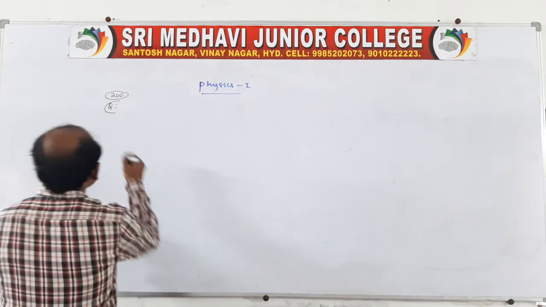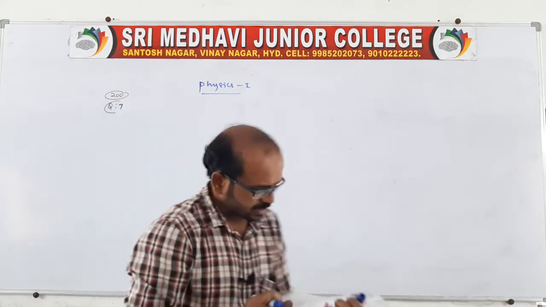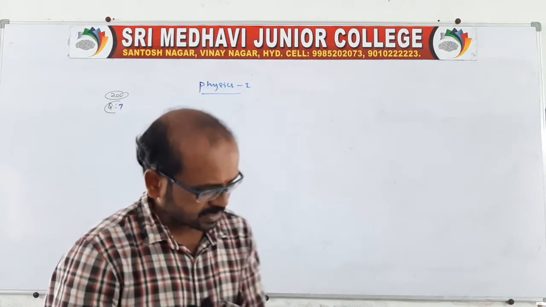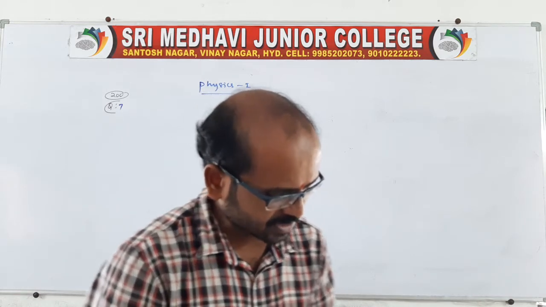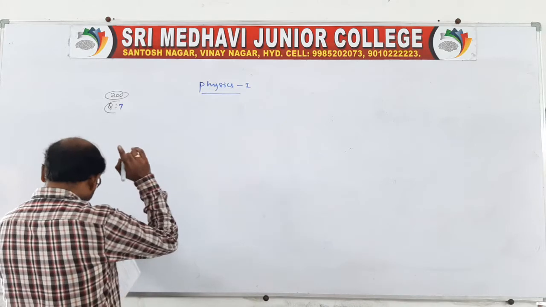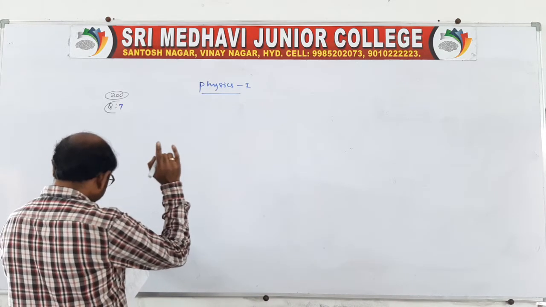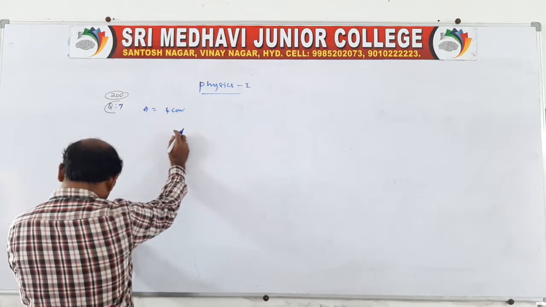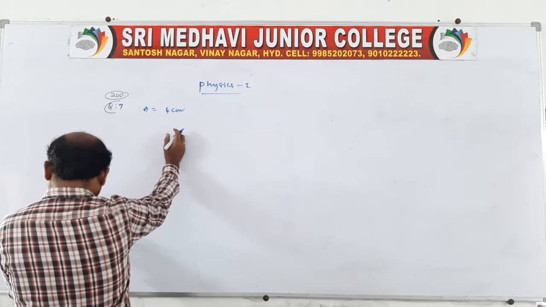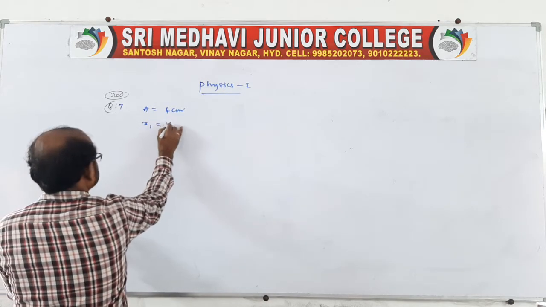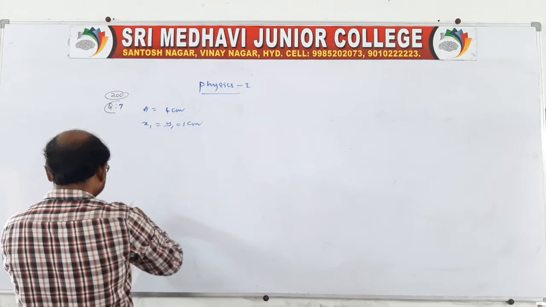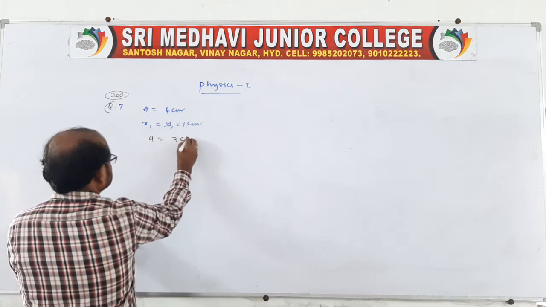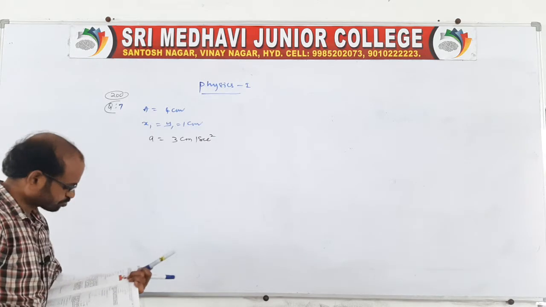A particle executing SHM has an amplitude of 4 centimeter, and its acceleration at a distance of 1 centimeter from the mean position is 3 centimeter per second square. The amplitude is 4 centimeter, and the distance y1 is equal to 1 centimeter, at which the acceleration is 3 centimeter per second square.